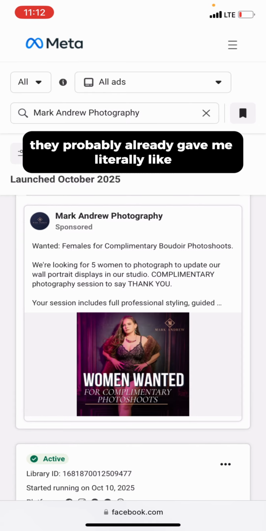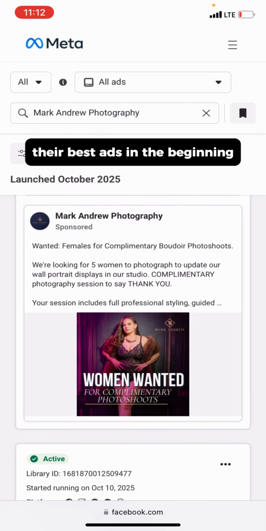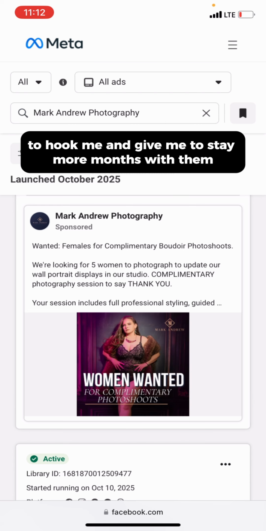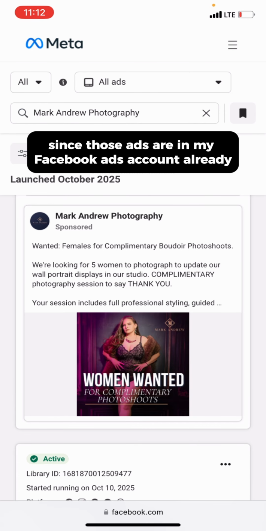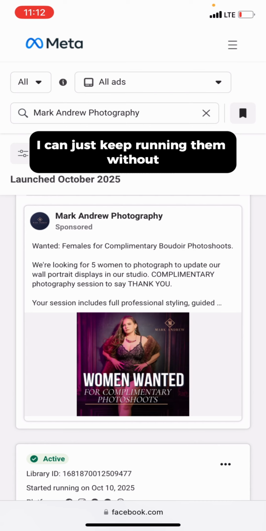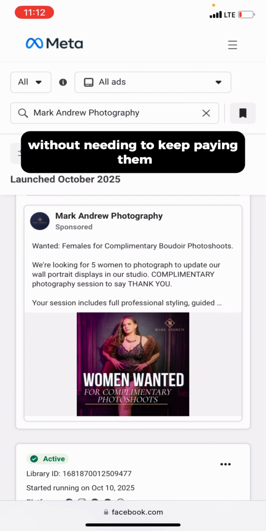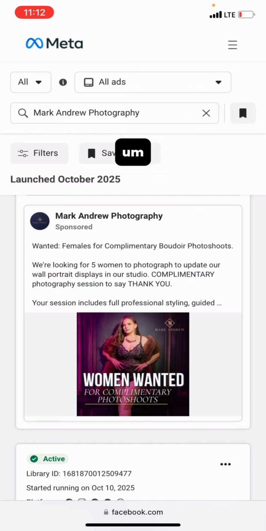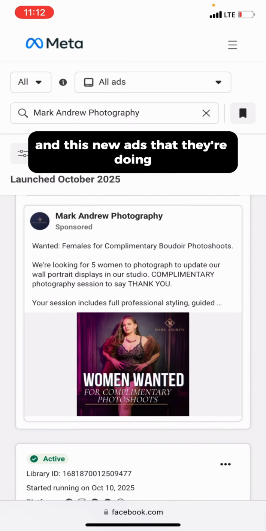They probably already gave me their best ads in the beginning to hook me and get me to stay more months with them. And since those ads are in my Facebook ads account already, I can just keep running them without needing to keep paying them. And these new ads that they're doing, they just have to keep refreshing stuff, and I keep getting worse and worse results over time. So why keep dealing with this agency?